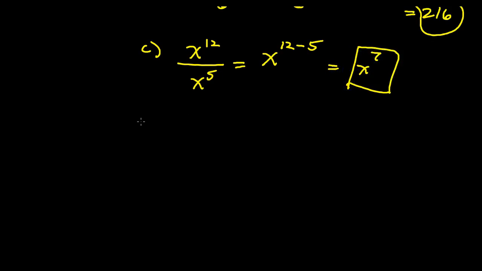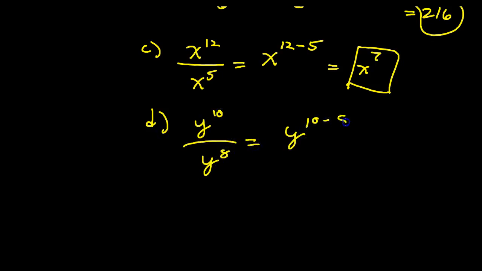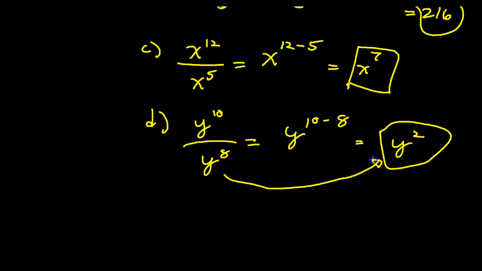Simplified. D, in example 5, y to the 10th over y to the 8th is y to the 10 minus 8th power, which is y squared. And we're hoping eventually, if you do a few dozen of these, you can skip right to the final answer in many of these types of problems.